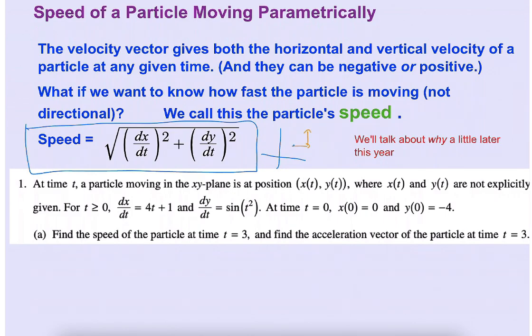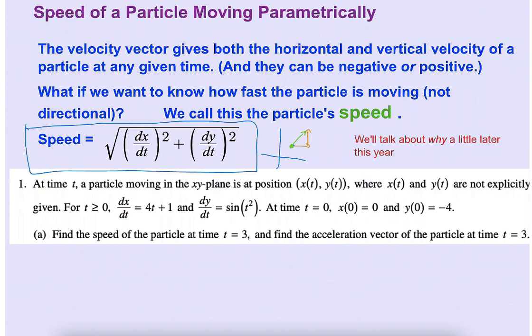And so the speed of that particle is how fast it's moving in general. It's almost like how fast it got from here to here. Well, I just drew a right triangle there. So it's kind of using the distance formula or Pythagorean theorem to figure out that speed. And so using this is not that complicated. It's just a matter of remembering that formula.